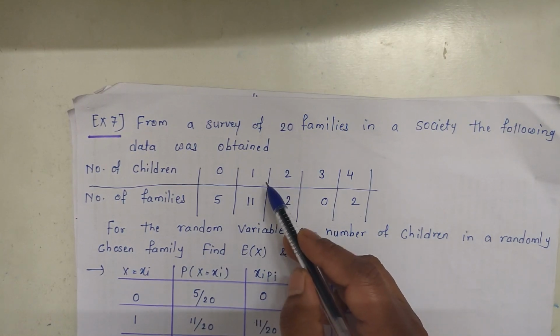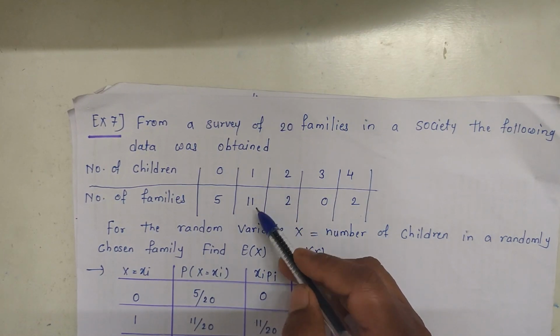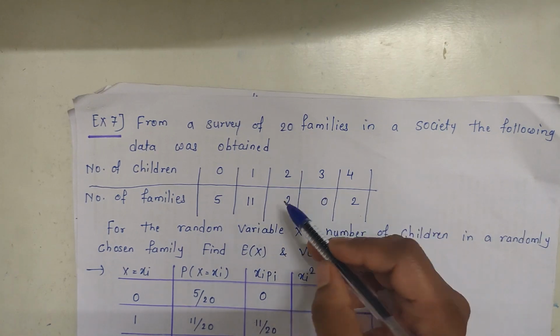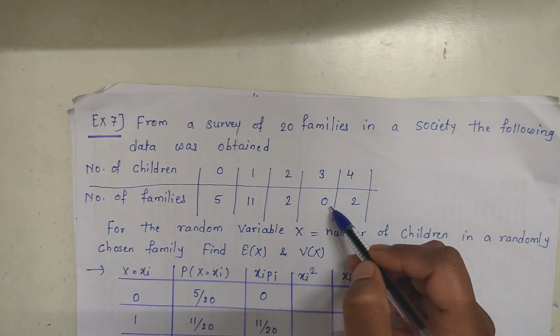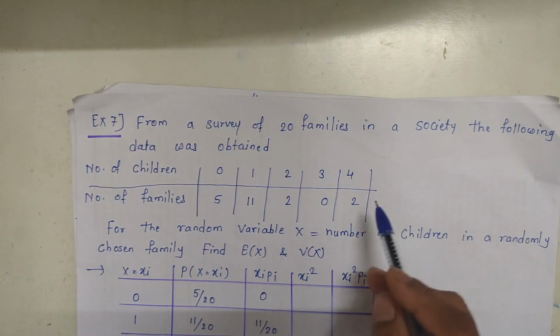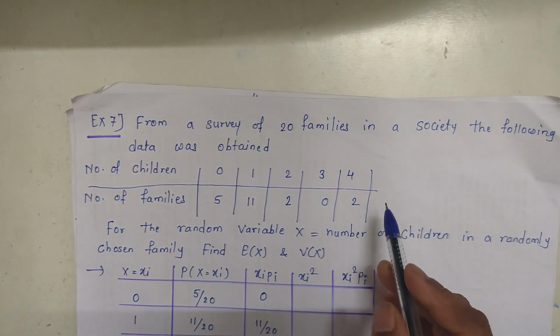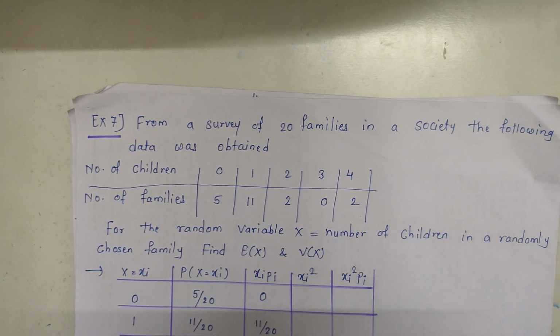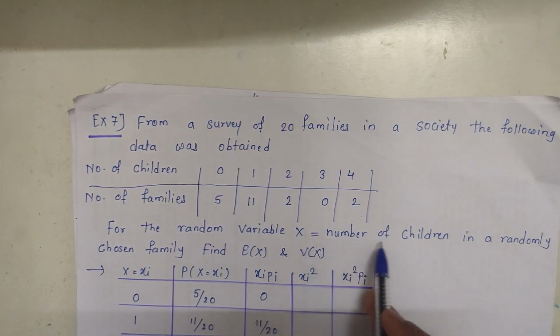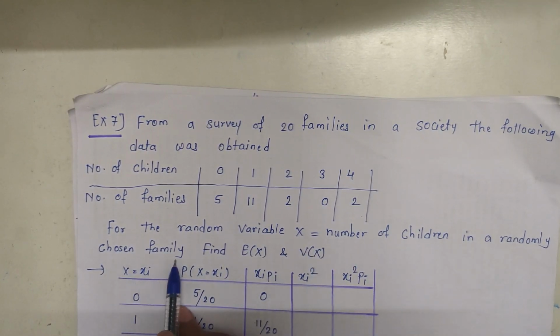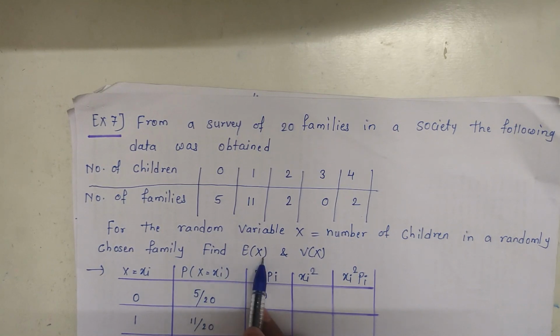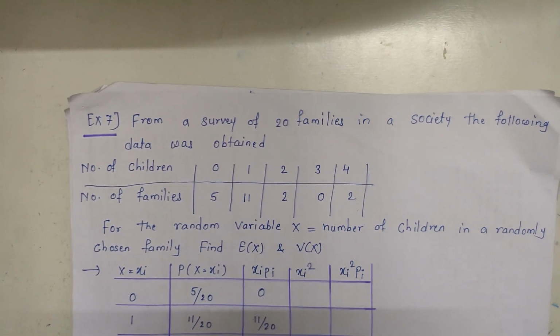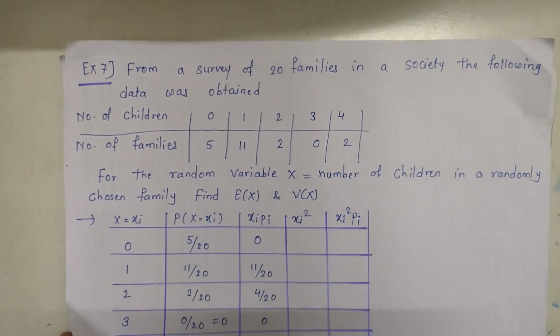Next, for 1 child, there are 11 families. Next, number of families 2, next 0, and the last number of families is 2. For the random variable x equal to the number of children in a randomly chosen family, find E of x and variance of x.